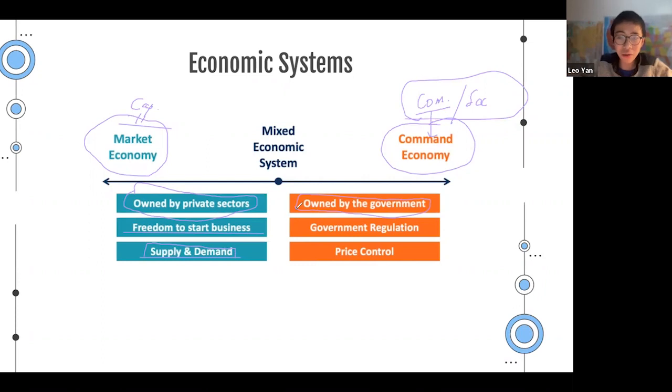In other words, you cannot be the boss of any company. You have to be the employee, no matter how high your position is. Well, who are you the employee of? You're the employee of the company that's owned by the government. So think about it: every single company is owned by the government, and the government has control of all the companies.